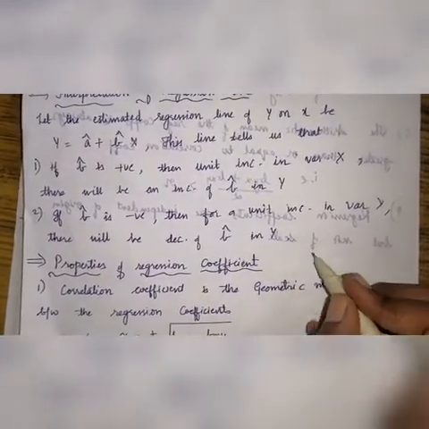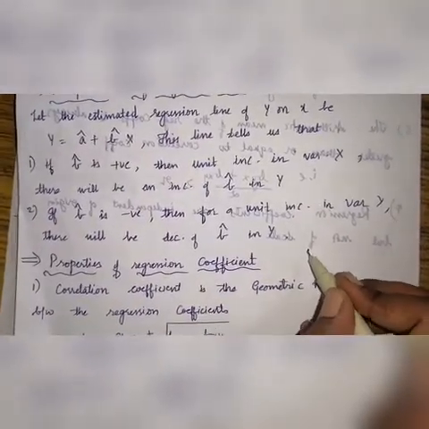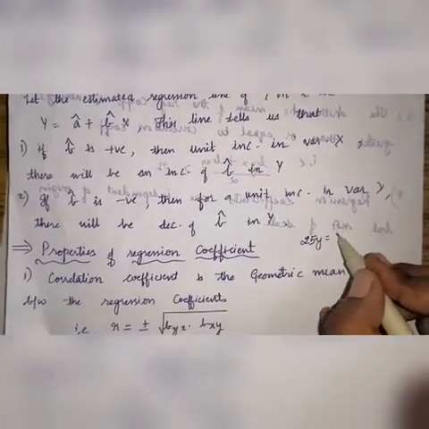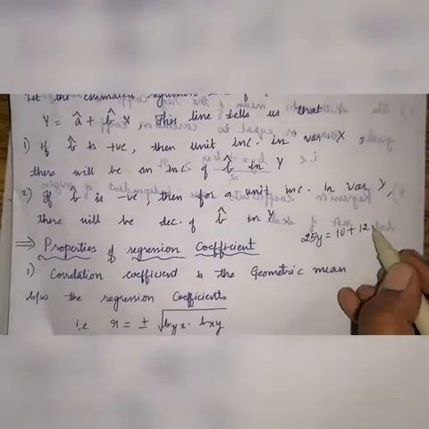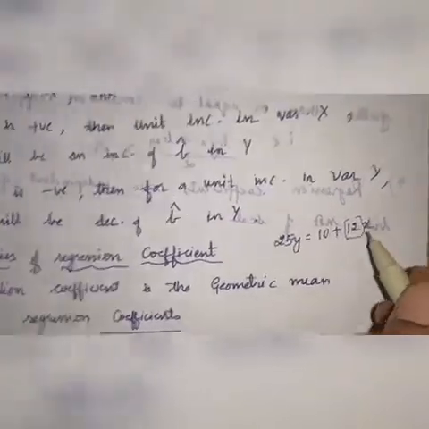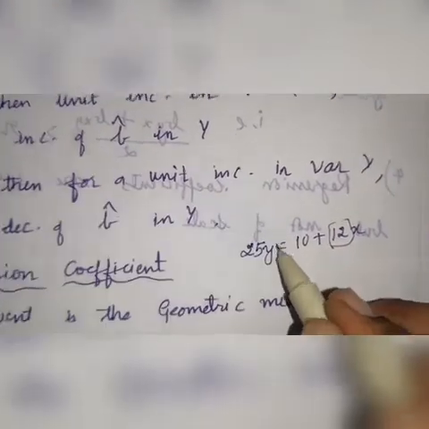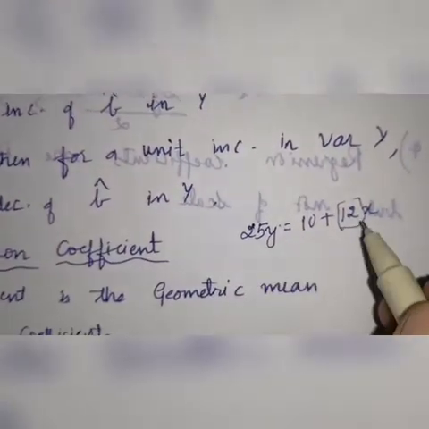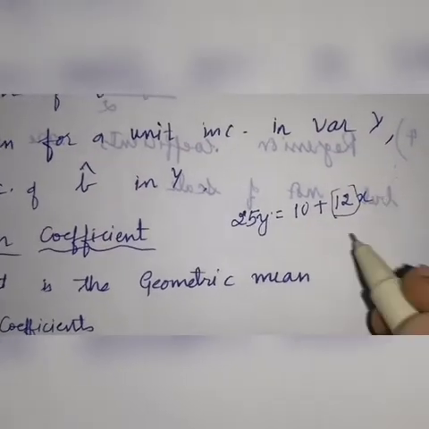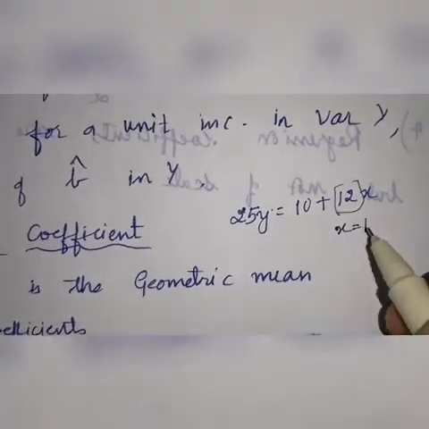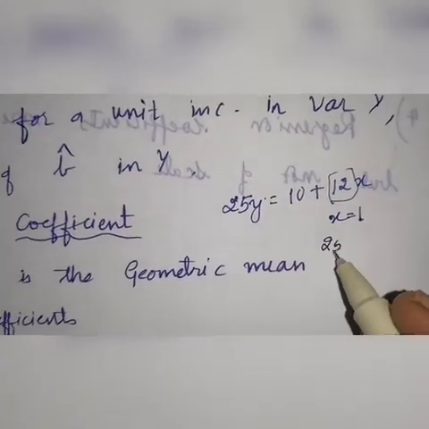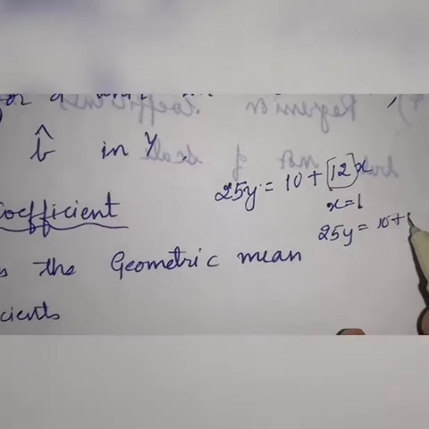Now for example, if I have an equation 25y equals 10 plus 12x, this is going to be your regression coefficient. If I increase x by 1 unit, if x equals 1, what happens to y? 25y equals 10 plus 12 into 1, which is 12.